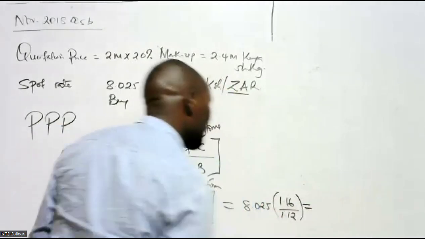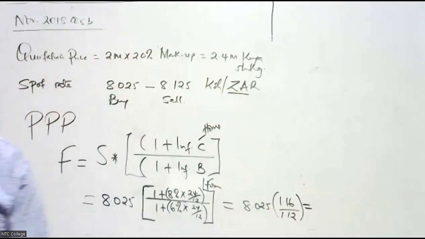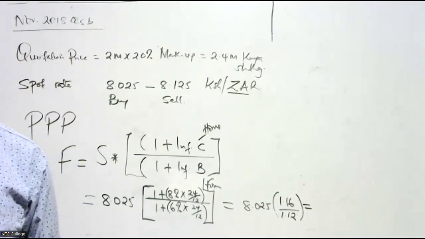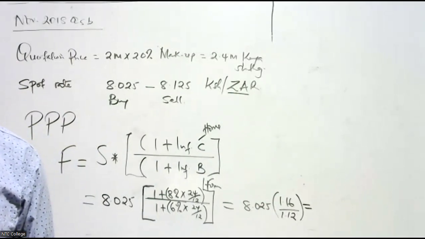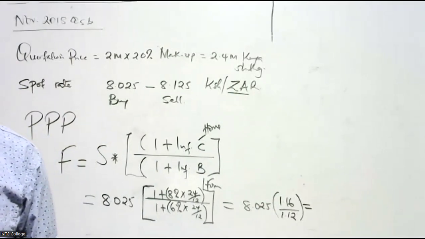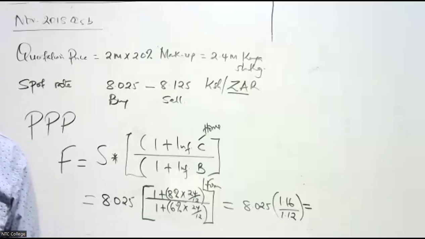What is the rate? 1.16 divided by 1.12. The answer times 8.025.